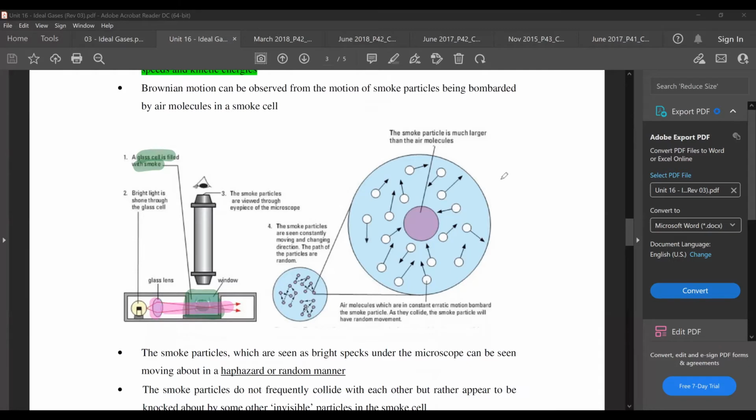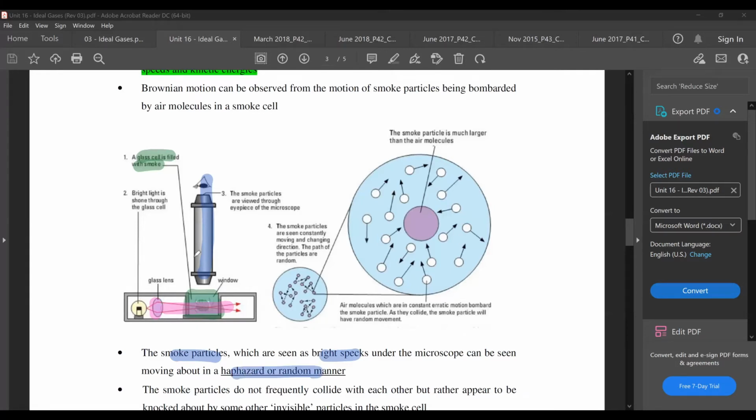Then they use a microscope to view inside the smoke cell. What they can see is that the smoke particles, which are bright specks of light under the microscope, are seen to be moving about in a haphazard or random manner.